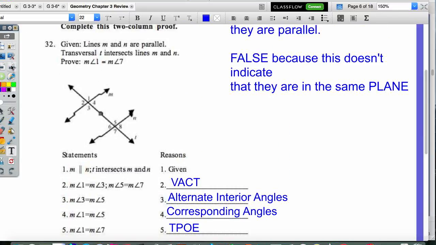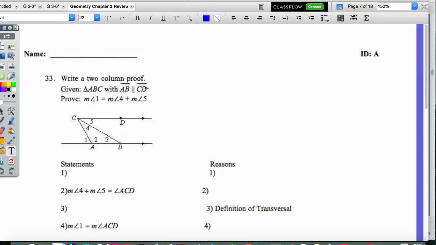Number 33, write a 2-column proof. Given triangle ABC with AB parallel to CD. So we're going to type here.